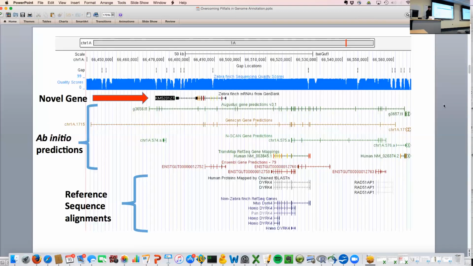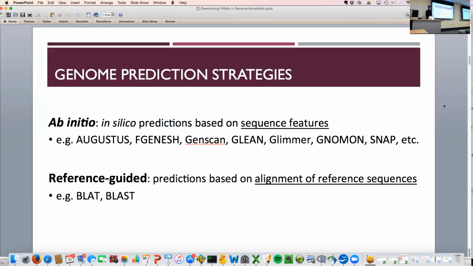So basically, you have more vetted predictions from things like chicken and zebrafinch, hopefully, and you're using those sequences, especially if you have expressed sequences.